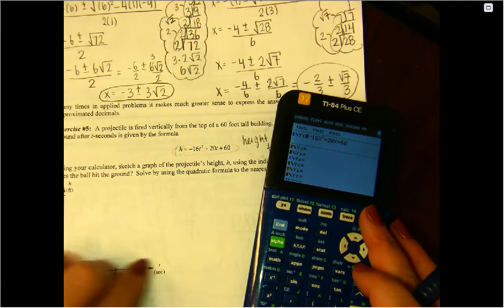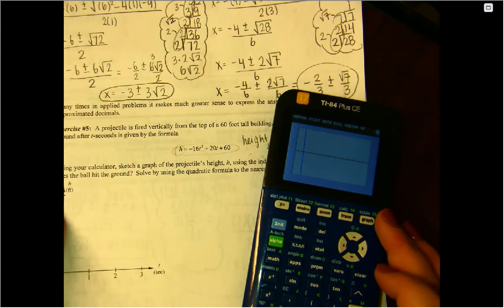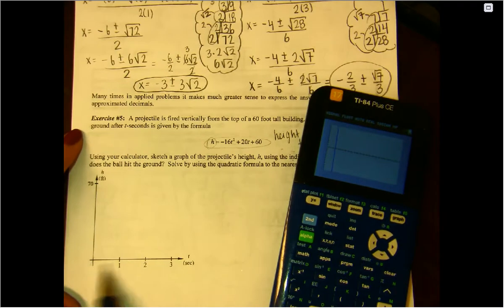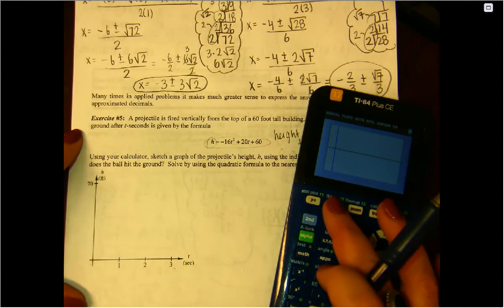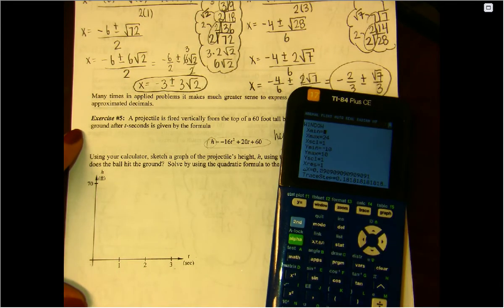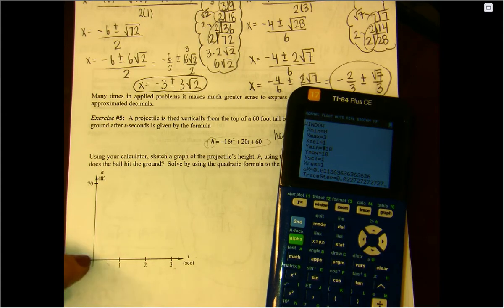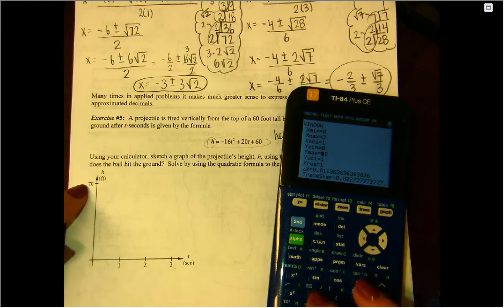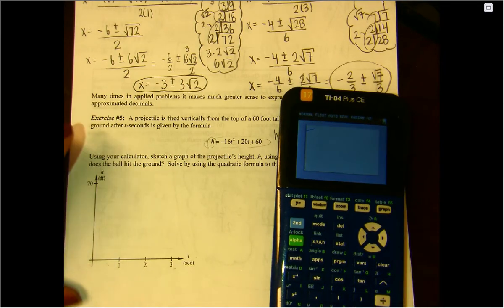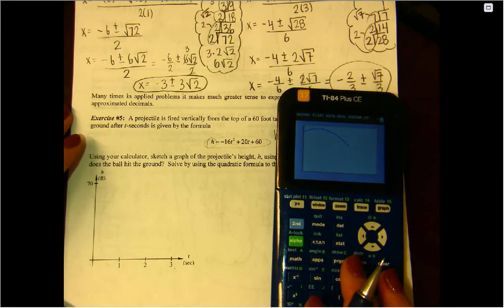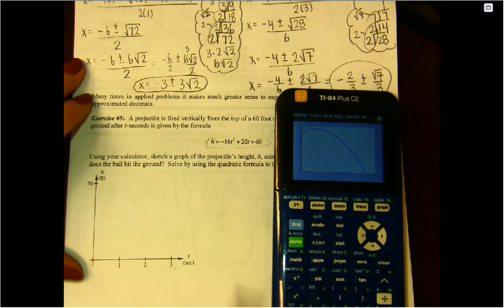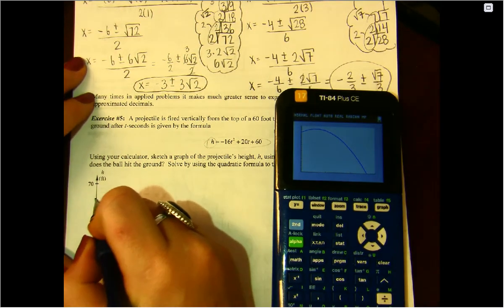I'm going to graph this, but my window is a little off because notice this window is going from 0 to 3 on the x-axis and 0 to 70 on the y. So I'm going to go to window, and the x goes from 0 to 3. The y is going from 0 to 70, and now let's look at that graph. Okay, I'm just going to do a quick sketch.